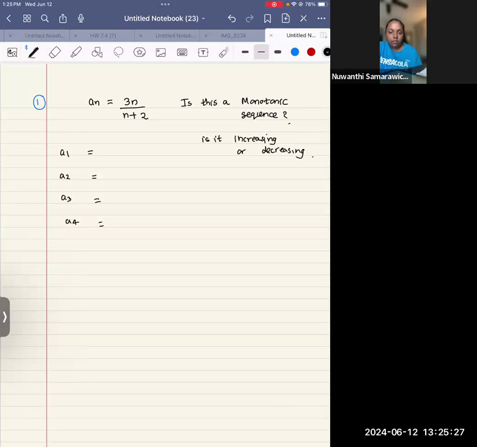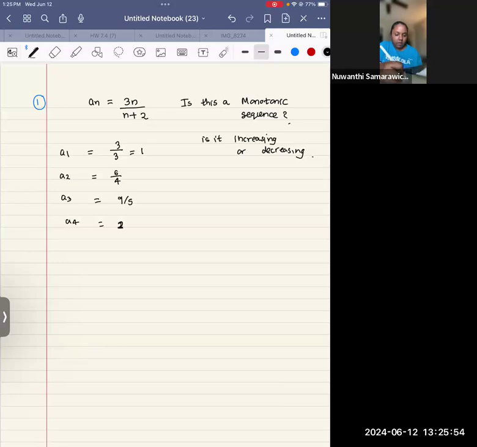So when n is equal to 1, you will get 3/3, so that's just 1. When n is equal to 2, you will get 6/4, and 9/5, and just 2.